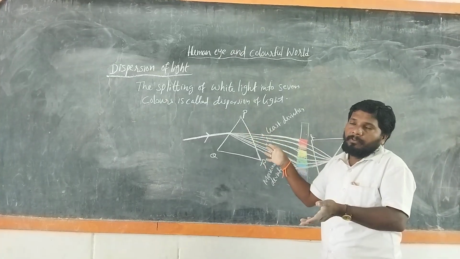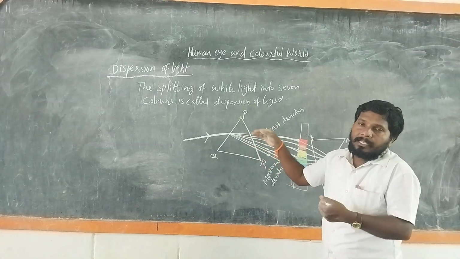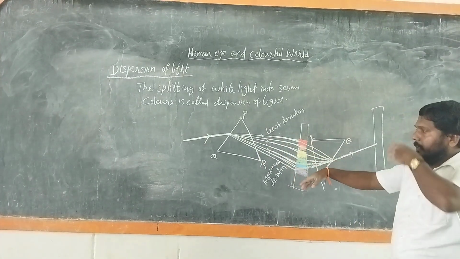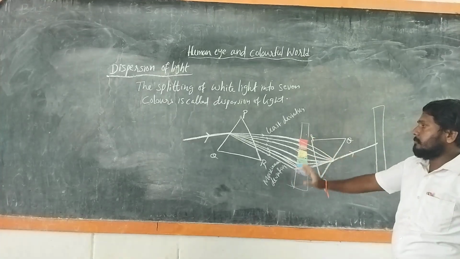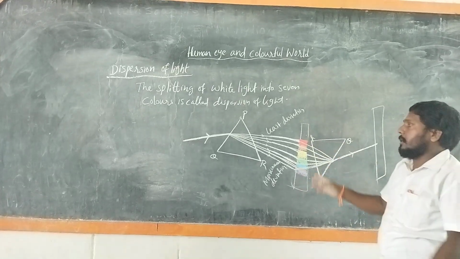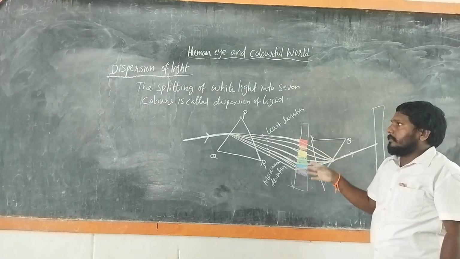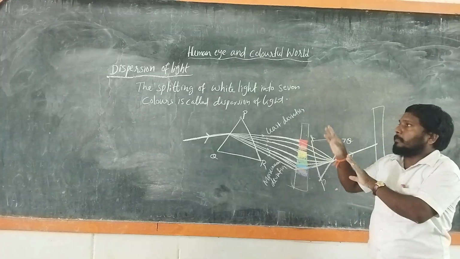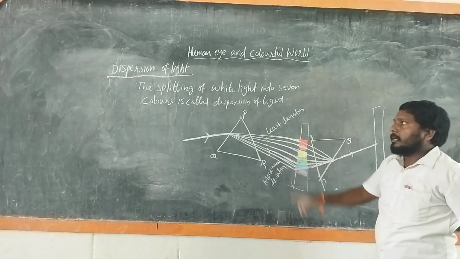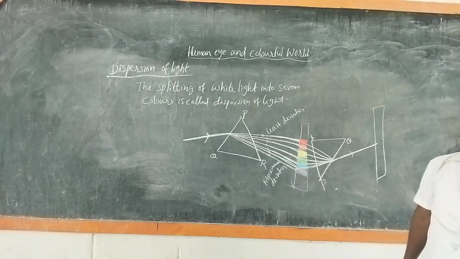Each color of light selects the least-time path to travel, so it deviates at different angles and forms different colors. The band of 7 colors is called the visible spectrum. These colors are formed because of dispersion of white light. The splitting of white light into 7 colors is called dispersion.